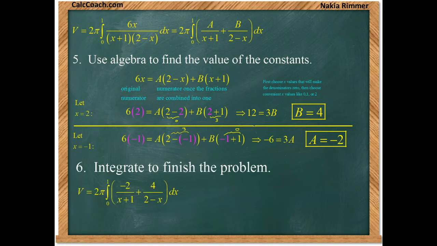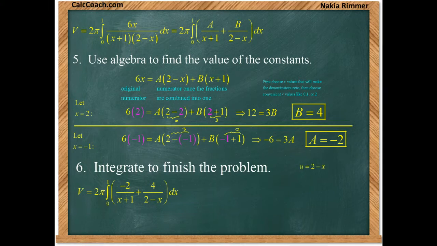And we need to then integrate and finish this problem. Be aware of something strange that's going to happen with this term here, 2 minus x. We get it wrong if we just haphazardly integrate it. I mean, yes, it's a log, but you have to be careful.